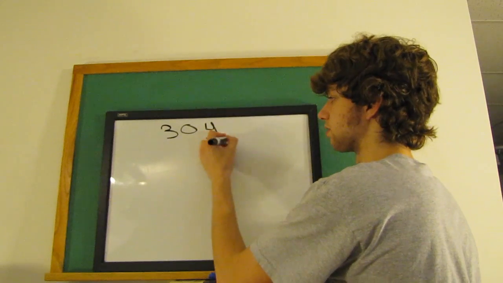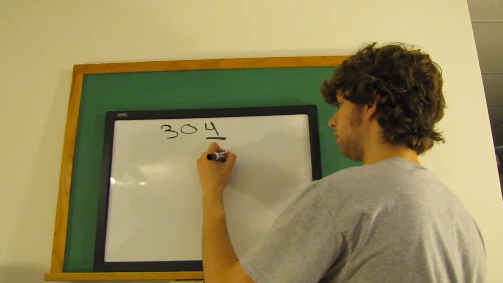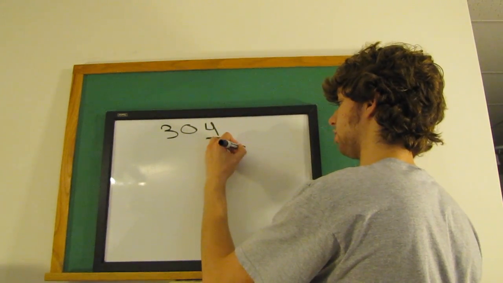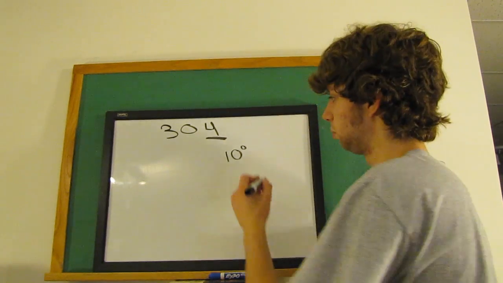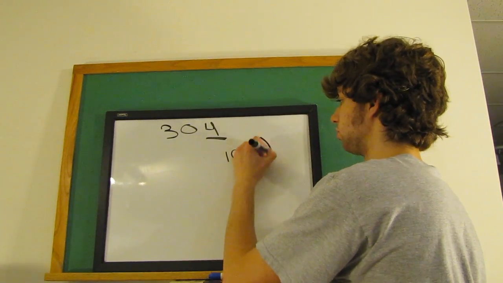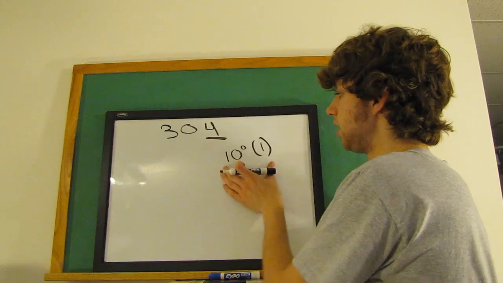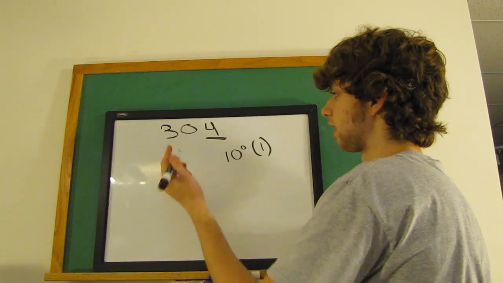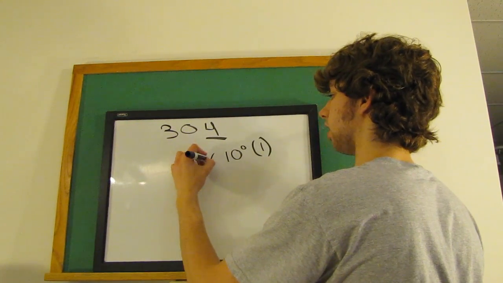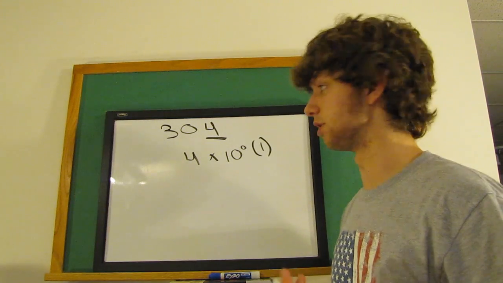And let's just work with this first spot right now. And that would be 10 to the 0th power, which, by the way, is equal to 1. How many of these do we have? Well, we actually have 4. So we multiply 4 times 10 to the 0th power.